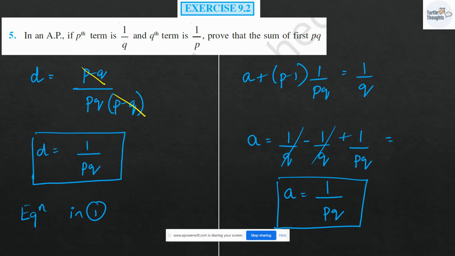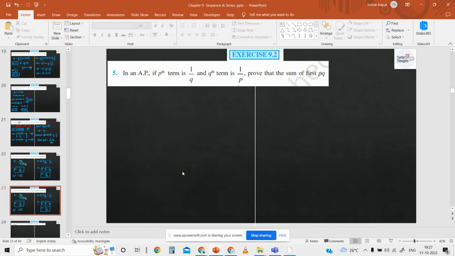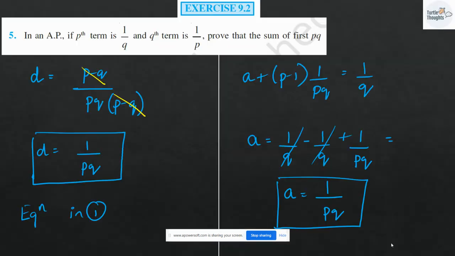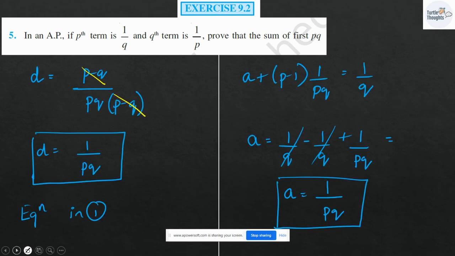Now what we have to prove? Prove that sum of first PQ terms. First PQ terms. So here N will be equal to PQ. This is, I think, a 4-mark question. They will not change the question if the question are these type.